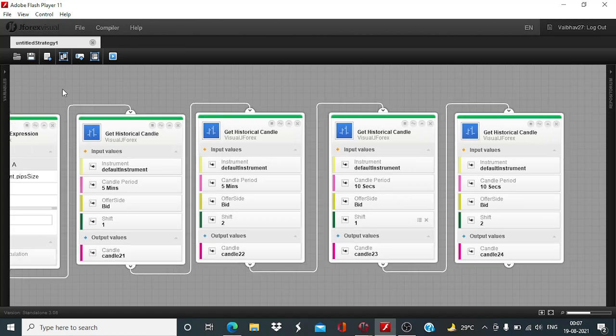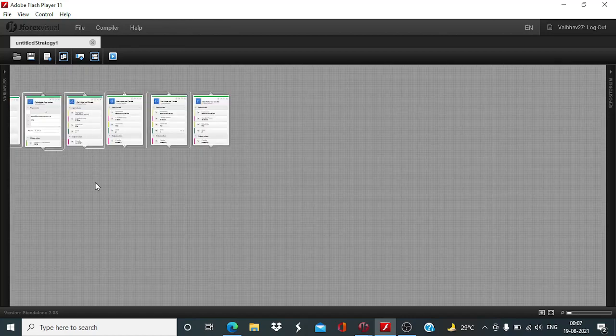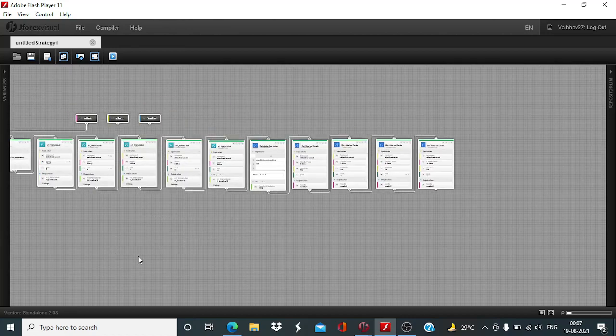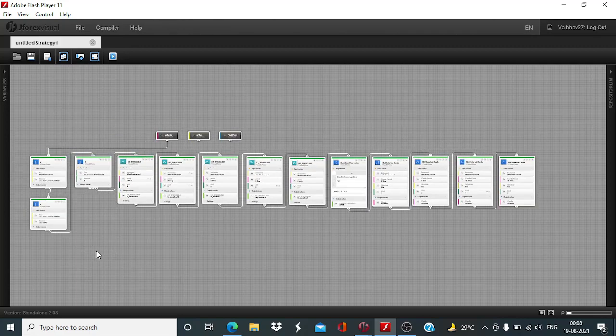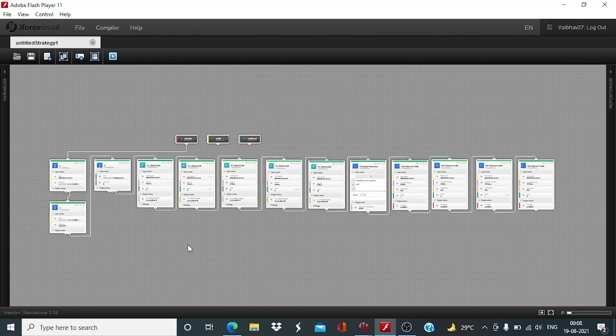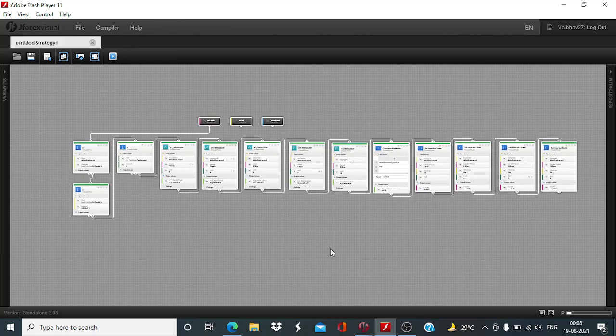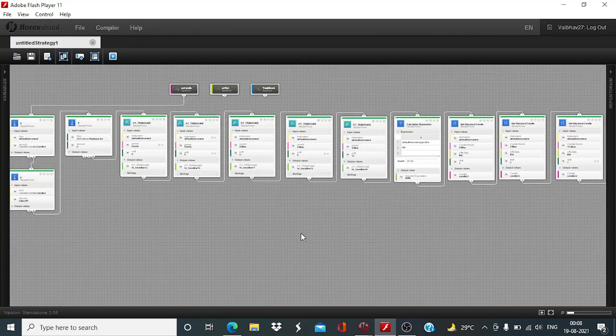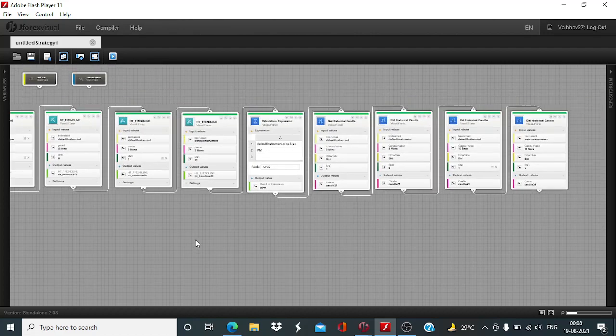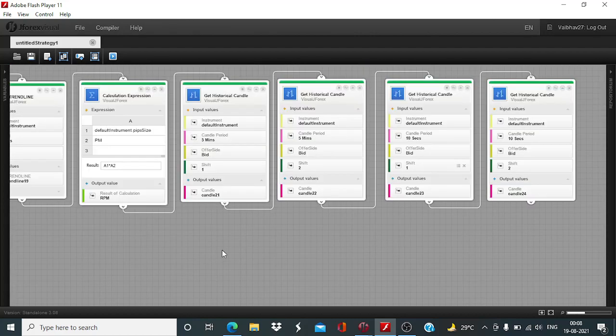So with this, we have most of the basic building blocks in place, which will help us retrieve the required values, which will then be utilized to place the conditions and get the logical setup in place for execution of the buy as well as for the sell trade. So that's it from my side for today's session.